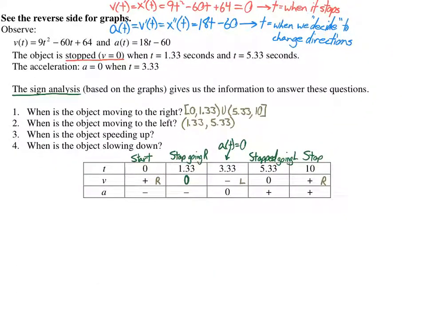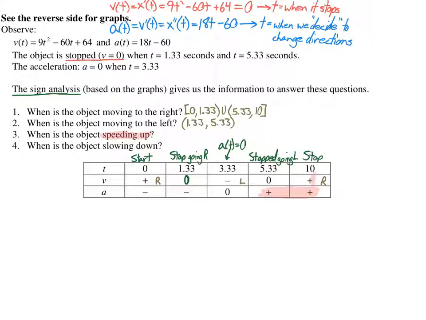Now, here's a part that's a little bit challenging. When are we speeding up? From 5.33 up to 10.